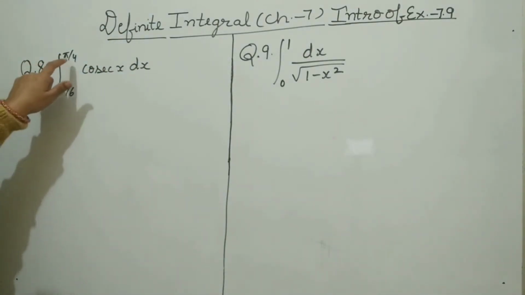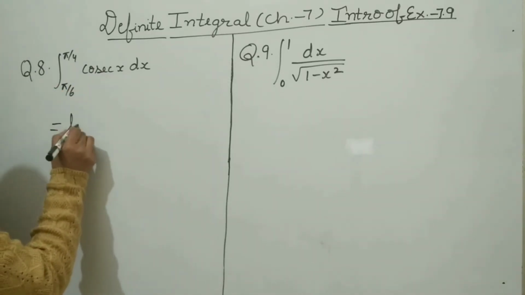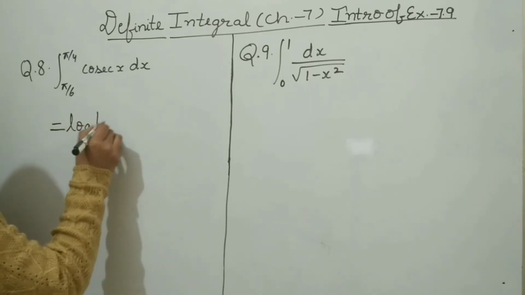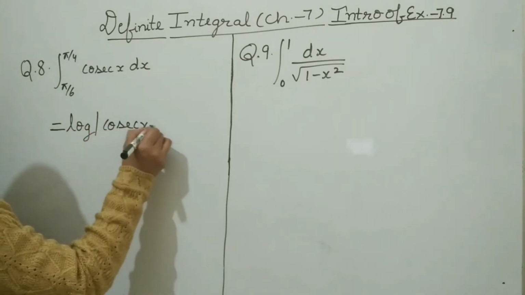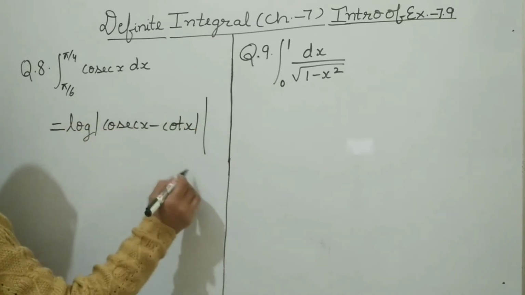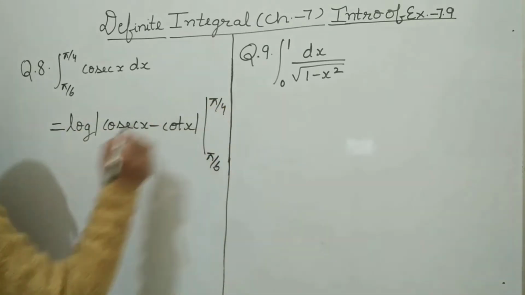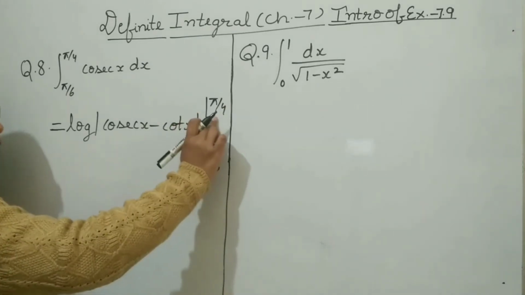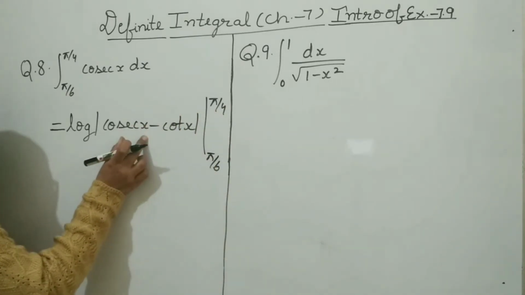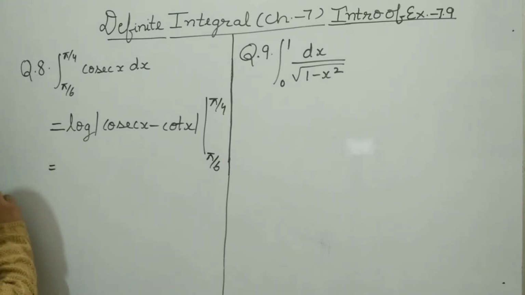Integral of pi by 6 to pi by 4 cosecant of x dx. So integral of cosecant x is your log of cosecant x minus cot x. First we take its integral, then use these limits for the complete solution. So first we use the upper limit in place of x and then use the lower limit by use of the fundamental theorem of calculus.